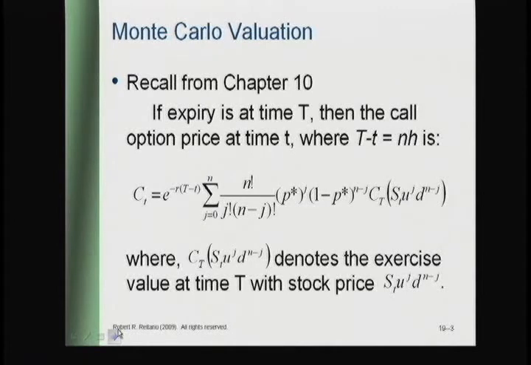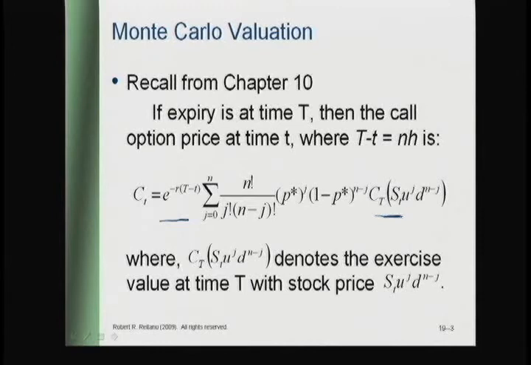The general formula we derived is the present value of an expected payoff. And what we see is that this is an expectation formula using the binomial distribution. First of all we have a present value, that's clear enough for the time period involved.